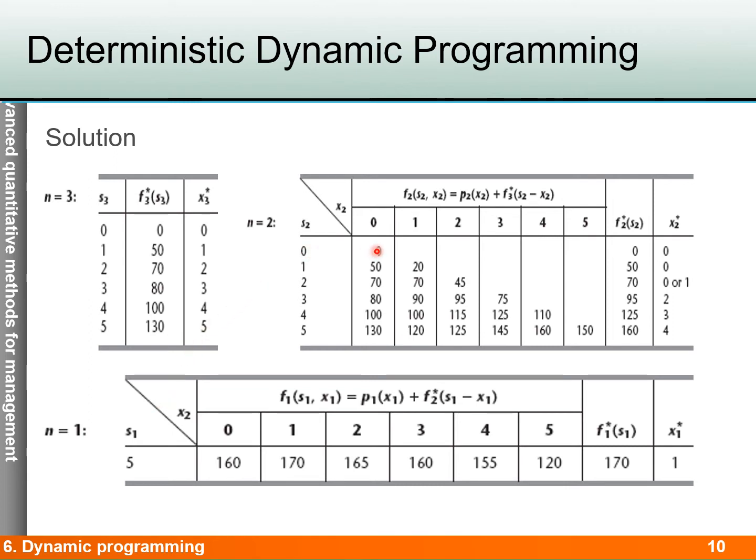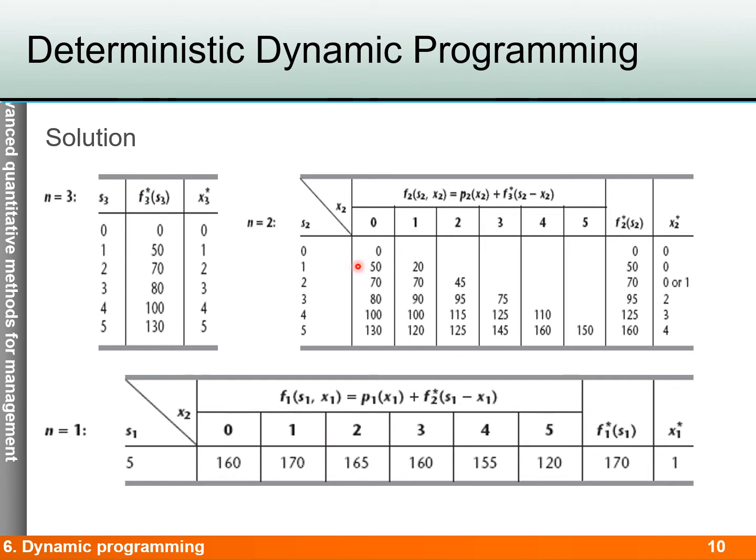So for sure, 0 for the second country based on table 11 is 0, and F3 star of 0 comes from here, that is 0. So 0 plus 0 is 0.